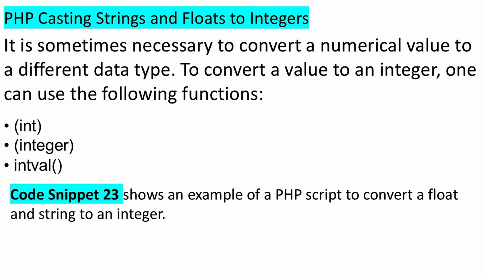The third method is the intval function, which performs the same task but works as a built-in function rather than a casting operator. You pass the value you want to convert as a parameter, and it returns the corresponding integer. The syntax is simple: intval(variable), and it's particularly useful when you want to ensure the conversion happens explicitly within a function call, making your code more readable and expressive.